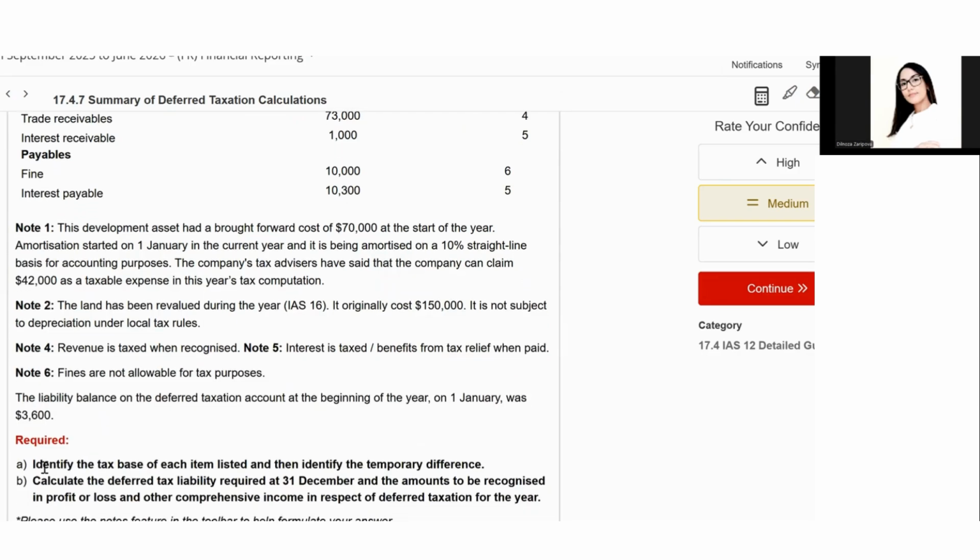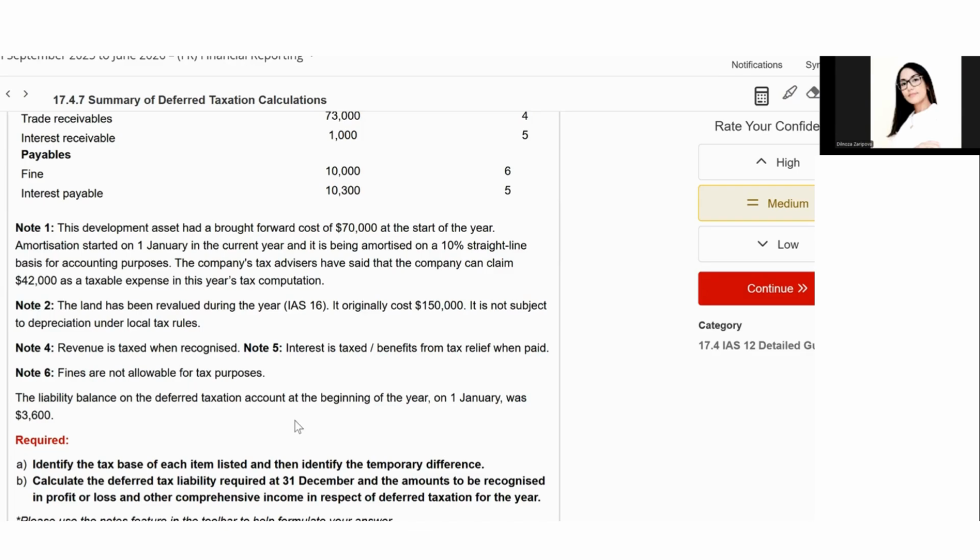Part A is done. Now calculate the deferred tax liability, and we also need to make this journal entry. So we are calculating right now the deferred tax, whether it's going to be a deferred tax asset or liability.